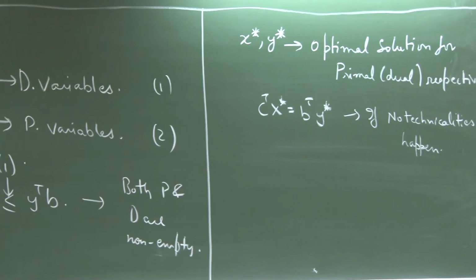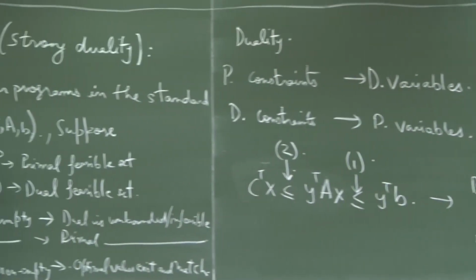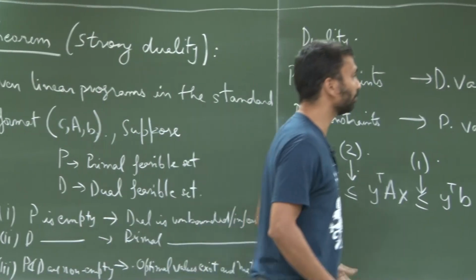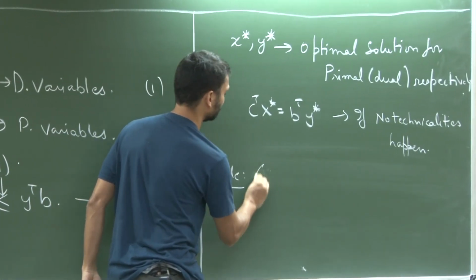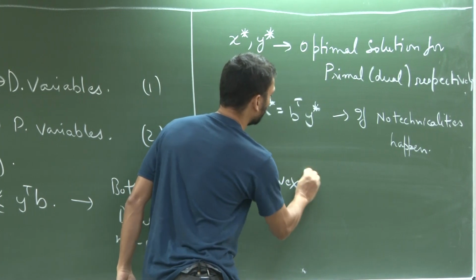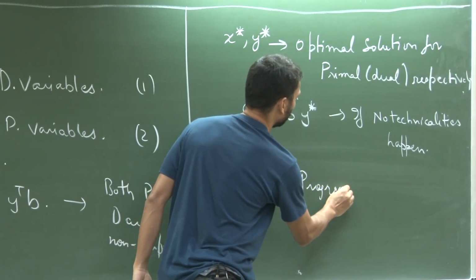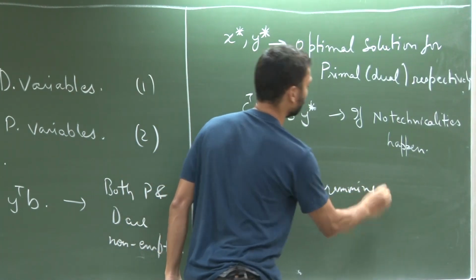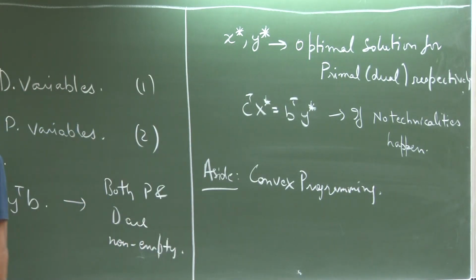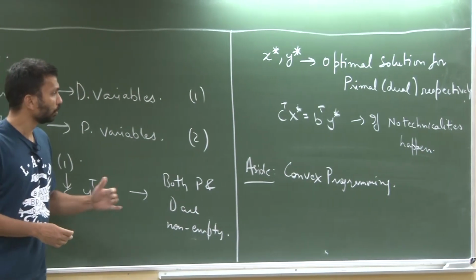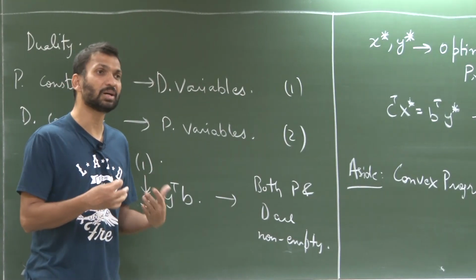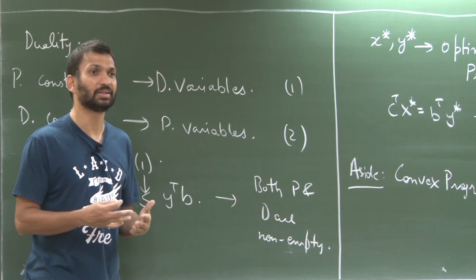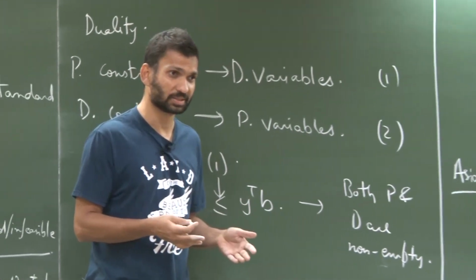Okay. Before I move forward, I want to mention, as an aside, convex programming. Notice that many of these things which we are saying about linear programming, the niceness comes because the feasible set is a convex set, right?